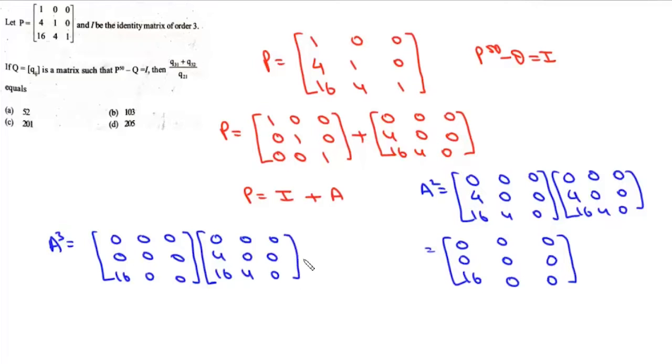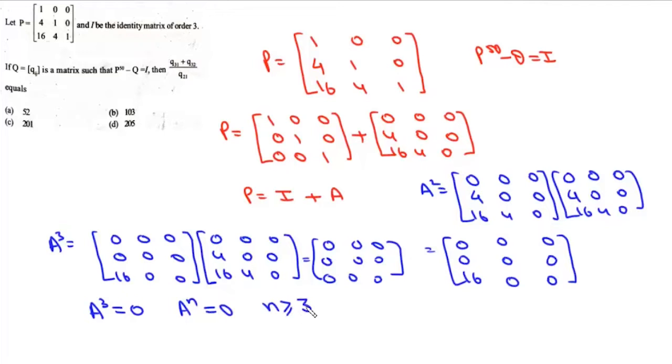Now we multiply, this is 0 0 0, 0 0 0. Now we multiply this, it'll again be 0 0 0. So basically, A is a nilpotent matrix whose index is 3. So A to the power n will be 0 for any n which is greater than or equal to 3.